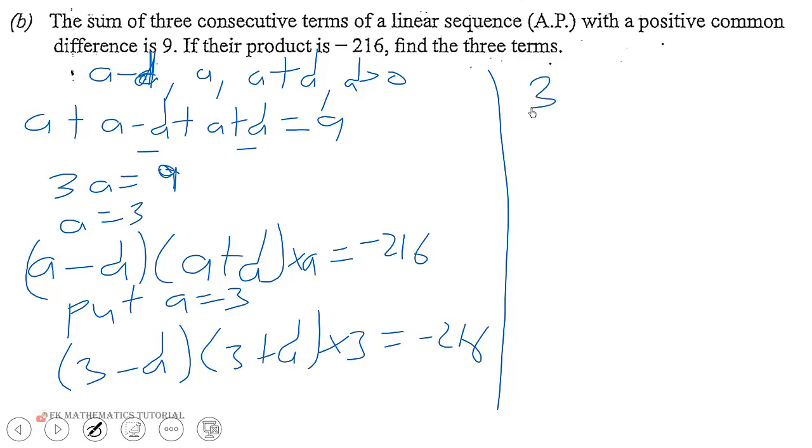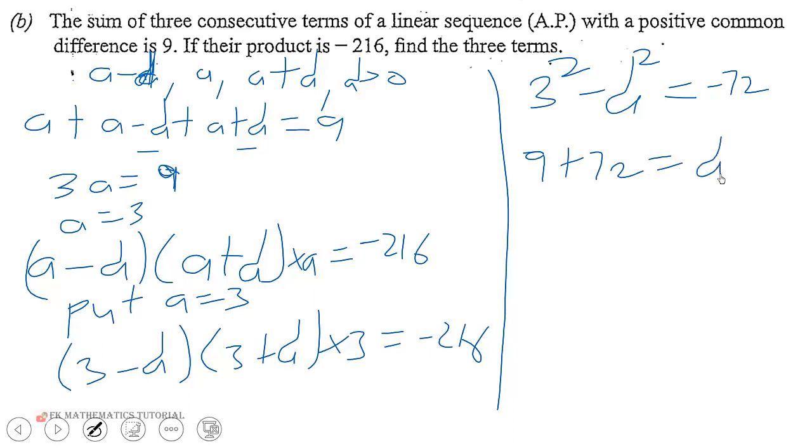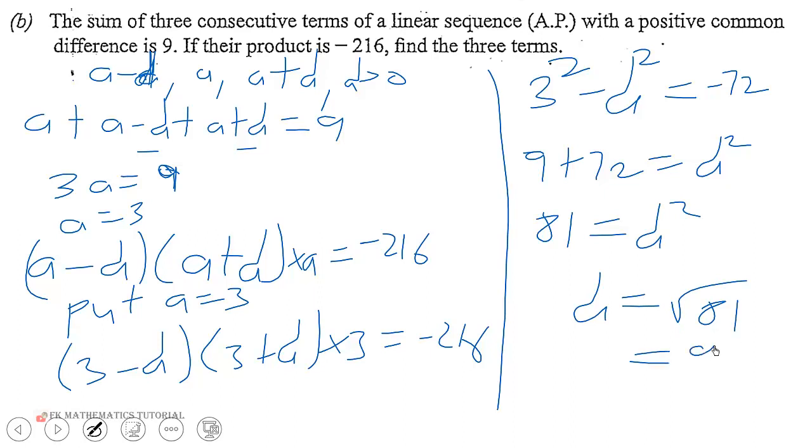So that will give us 3 squared minus d squared, difference of 2 squares, is equal to negative 72. So 9 plus 72 will be equal to d squared. That is 81 will be equal to d squared. So d will be equal to positive square root of 81 because we're told that d is positive, which is 9.